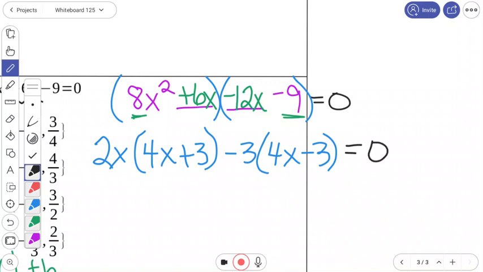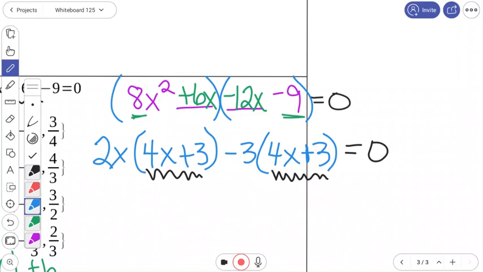Now it's important that you recognize what sign to factor out, because I need whatever is in that first set of parentheses, 4x plus 3, to match exactly this right here. Oops, I forgot to make that a plus. I'm sorry. Negative 9 divided by negative 3 is a positive 3. So inside the parentheses, they need to match exactly.